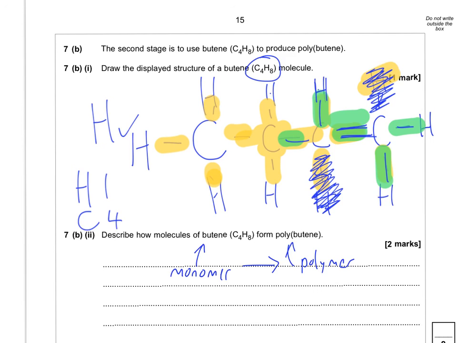So we'll just make a comparison between them. If it's a polymer, we're going to think about size. I'm going to think about what it's made up from. And we know that it's made up from this monomer, butene. But it's making poly, meaning many butene. And that is it.